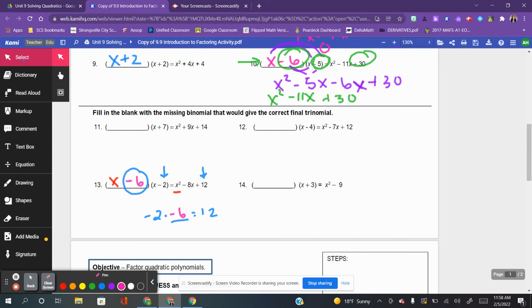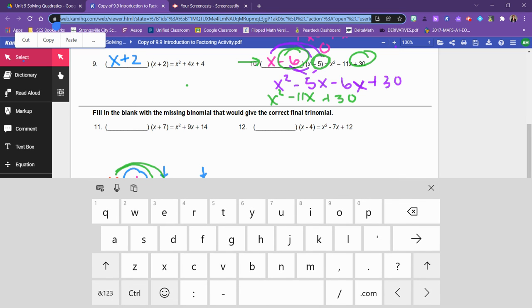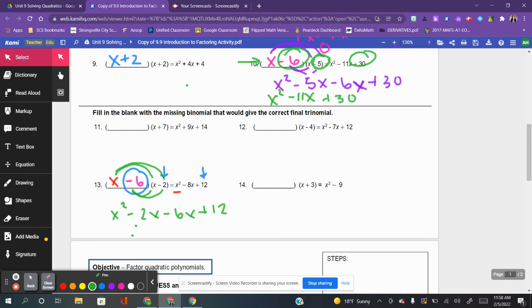Okay, and I want to go ahead and double check this. And so what I'm going to do to double check this is I'm going to distribute. X times x is x squared. Negative 2x. Come and distribute the negative 6. So negative 6x. Negative 6 times negative 2 is 12. And when I combine my terms in the middle, I get a negative 8x.